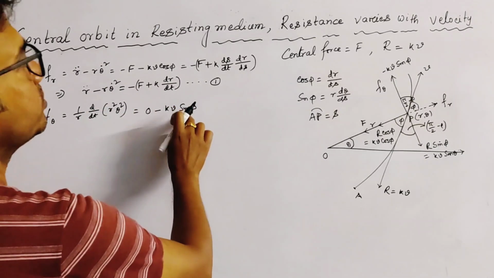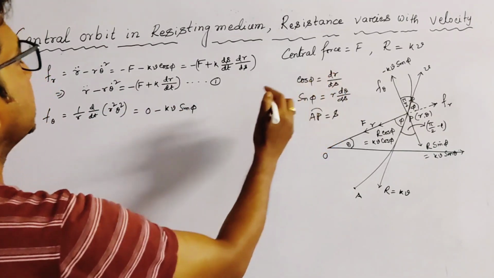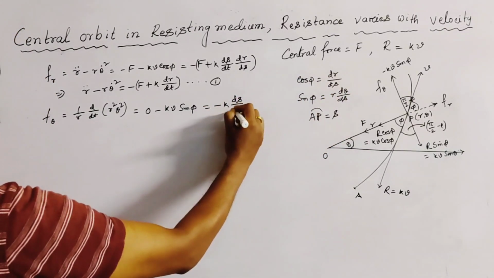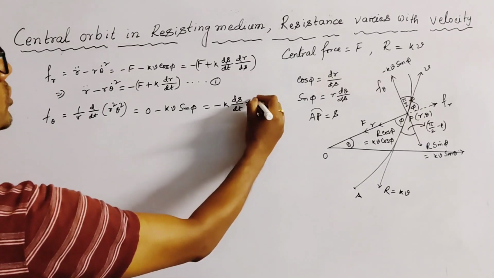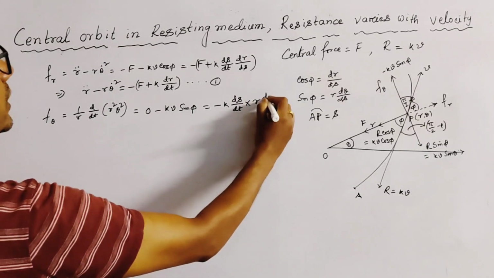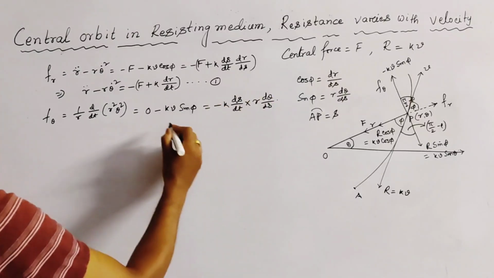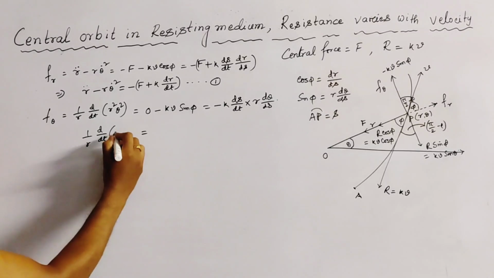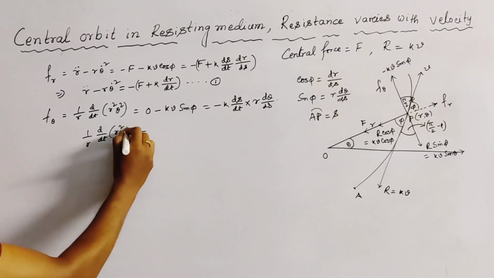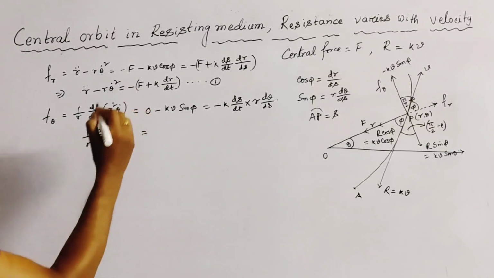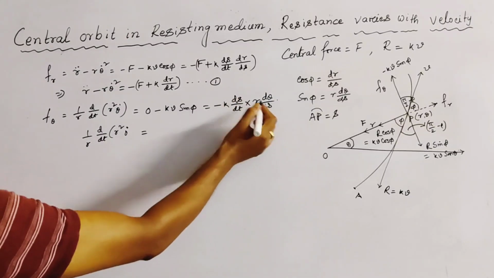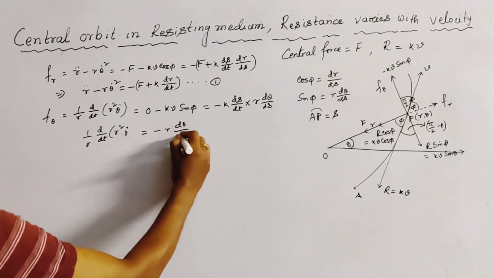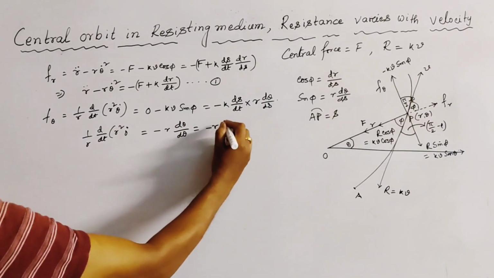We put the value of sin phi, equal to r d theta/ds, and this gives minus k ds/dt into r d theta/ds. So we get 1/r d/dt of (r square theta dot), this is not theta square, this is theta dot, and on the right side ds cancels out, giving minus k r into d theta/dt, that is minus k r theta dot.